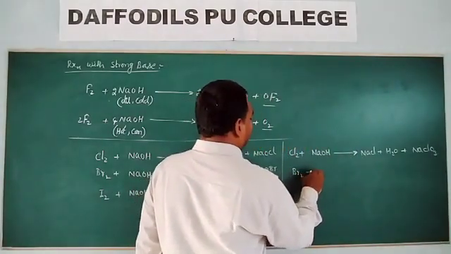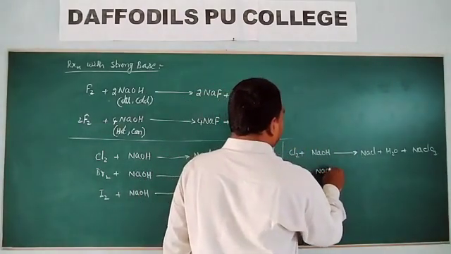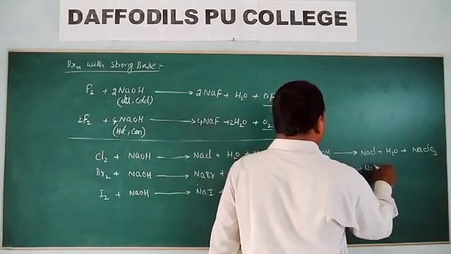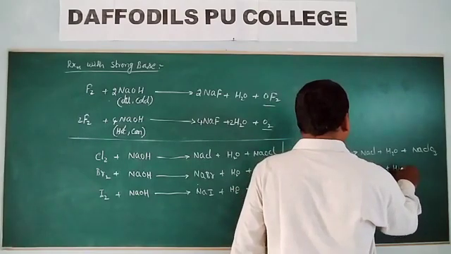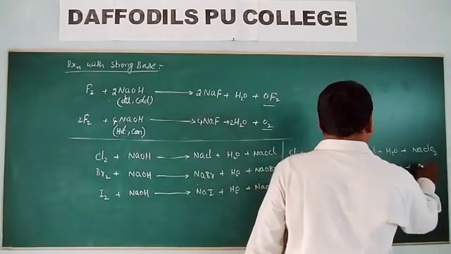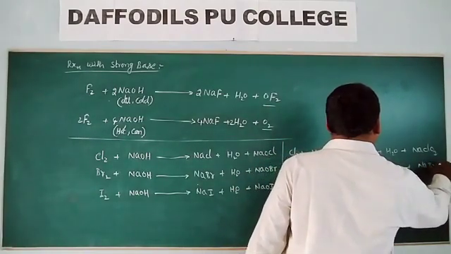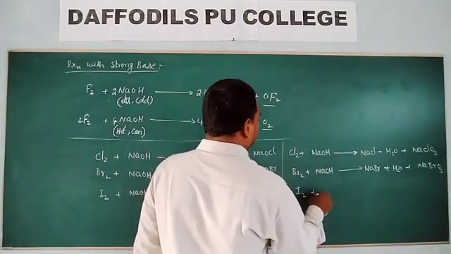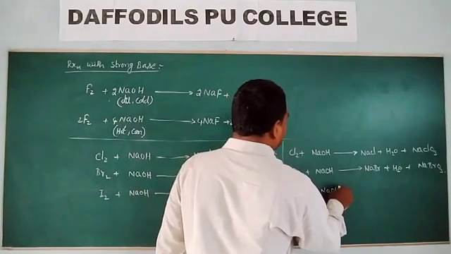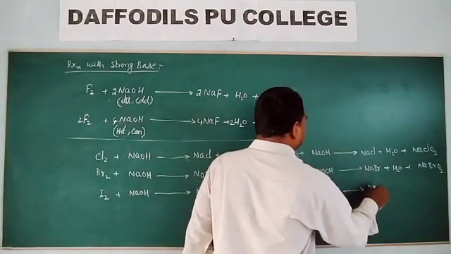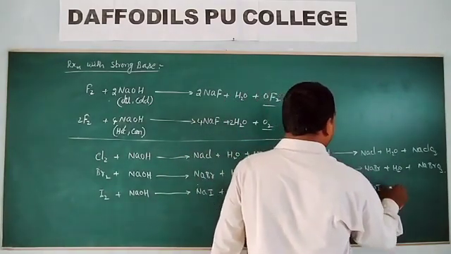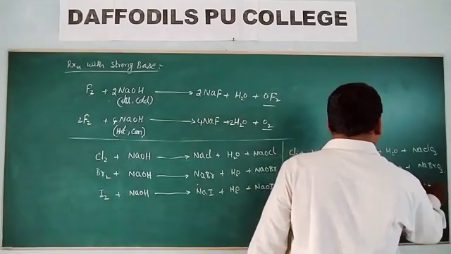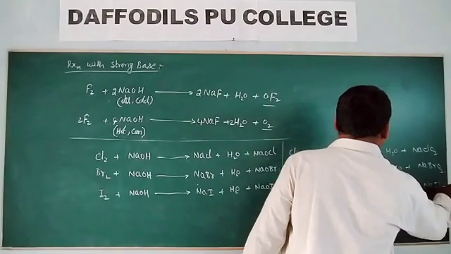When bromine reacts with sodium hydroxide, we will get NaBr, H2O and NaBrO3. When iodine reacts with sodium hydroxide, we will get NaI, H2O and NaIO3.